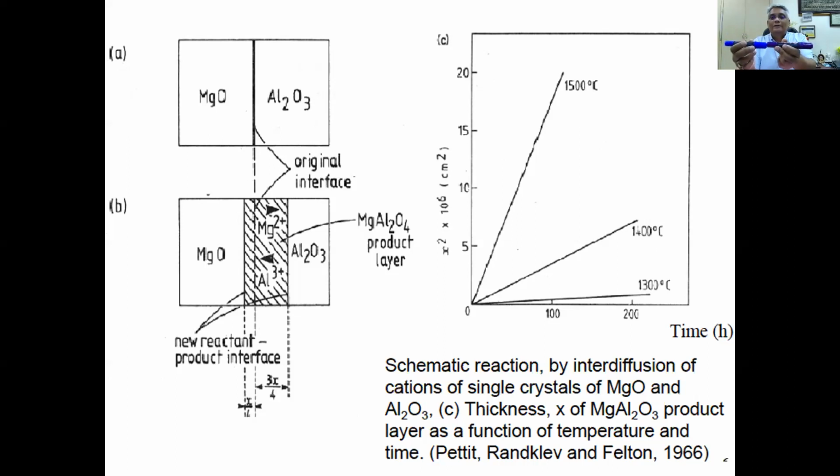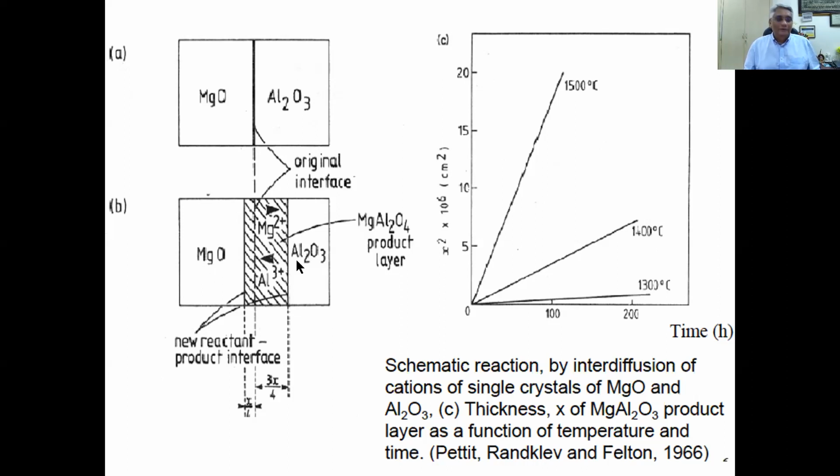So the reaction surface is the surface at which point these two blocks are touching each other. So we have created a nucleation site in the form of a certain area, and the interdiffusion is happening only in that area, and the new product is forming there, certainly, right? That's what you see here, this hatch line.